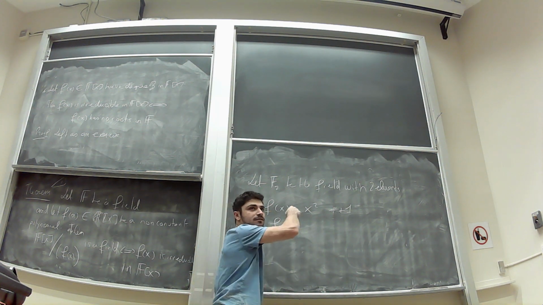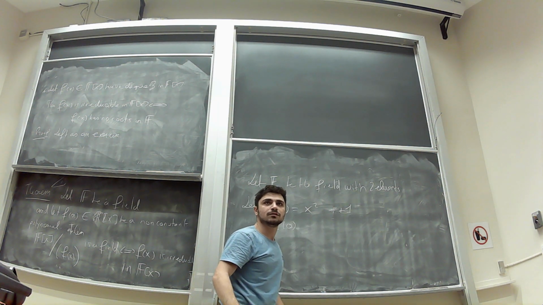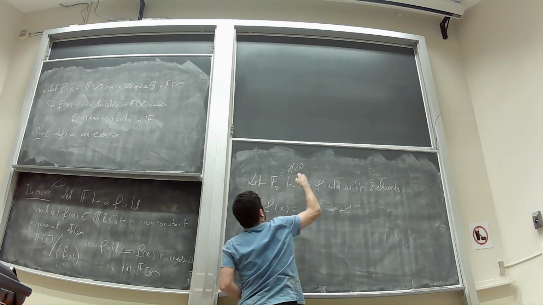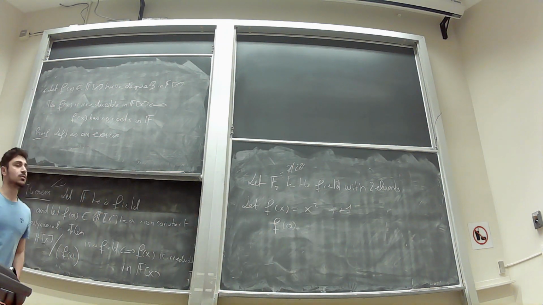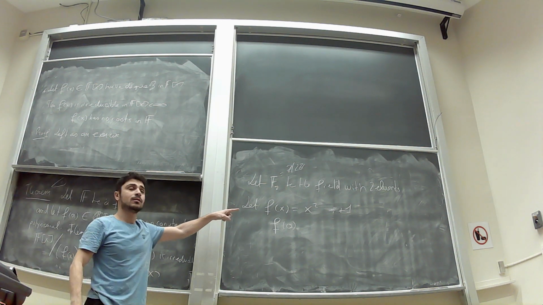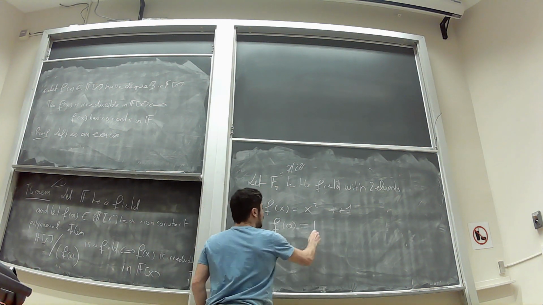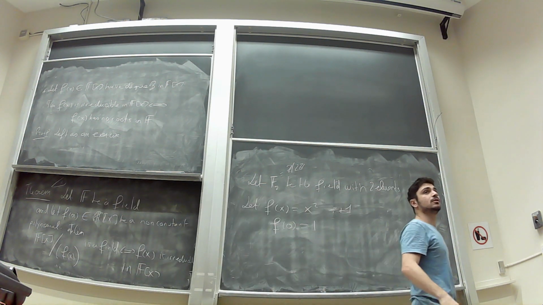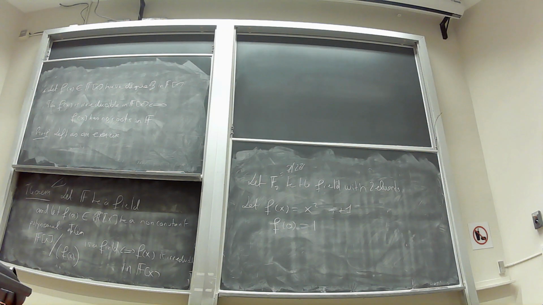What is F2, by the way? F2 is just Z mod 2, right? The field with two elements is just Z mod 2. Okay? What is f of 0 in that case? Everybody plug in 1. What is f of 1 in that case? This is 1 plus 1, which is 2, which is 0. So is this polynomial irreducible?